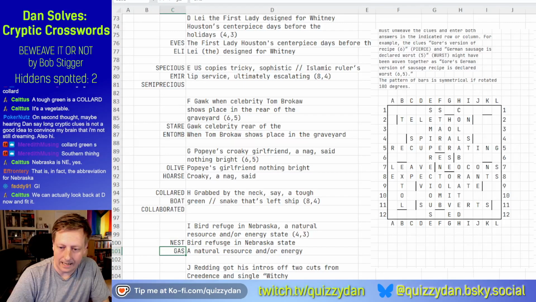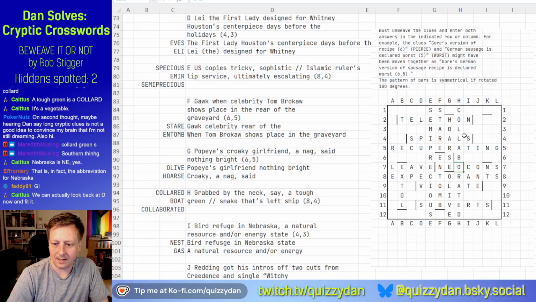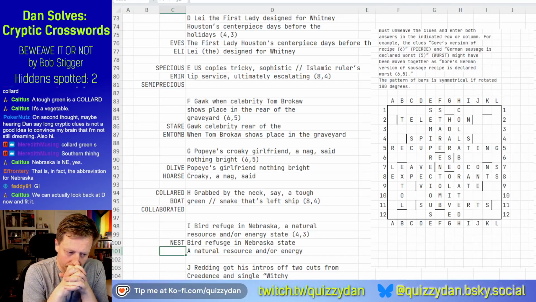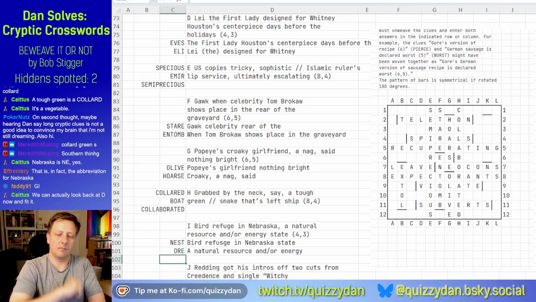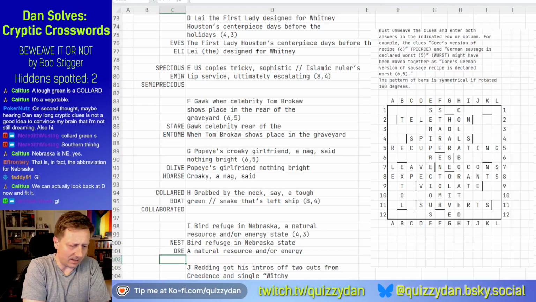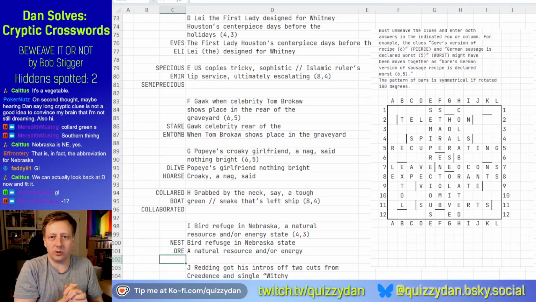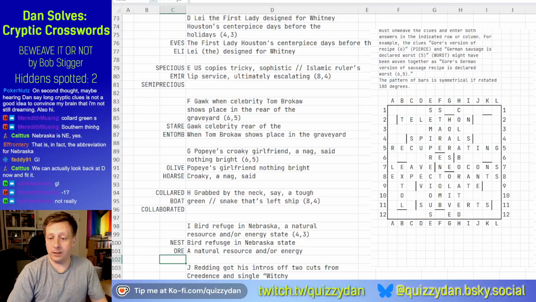Have we got gas? No, it isn't gas because it won't fit. Or, it's just or, isn't it? It's the word or and E for energy. So it's both a natural resource, which is an or, energy, or E.